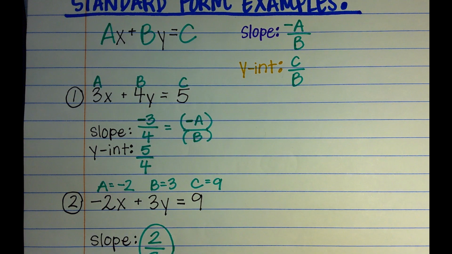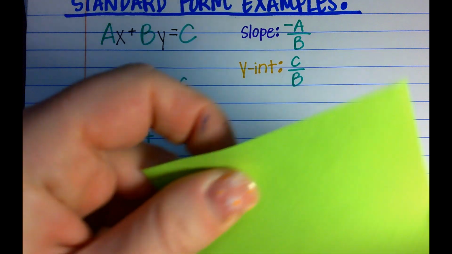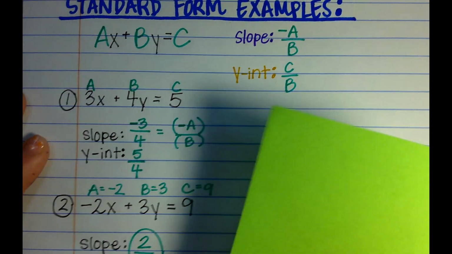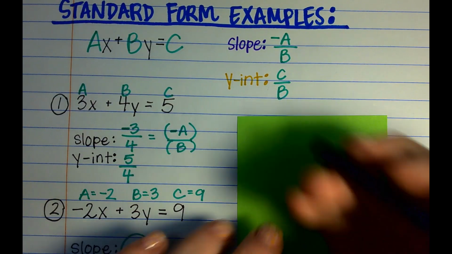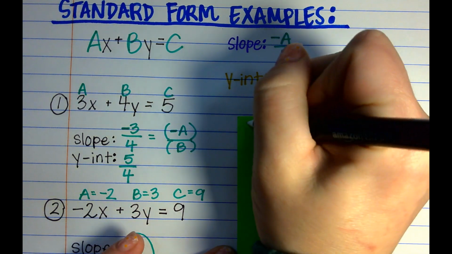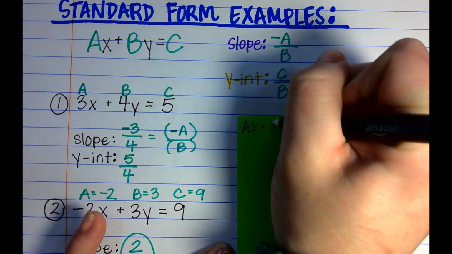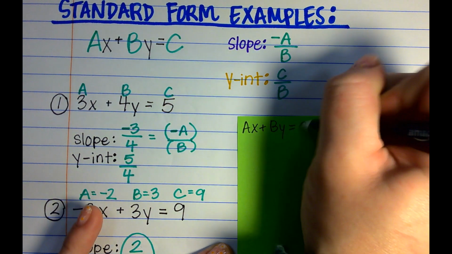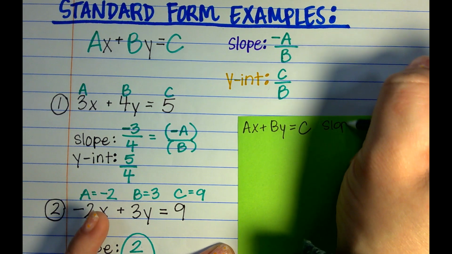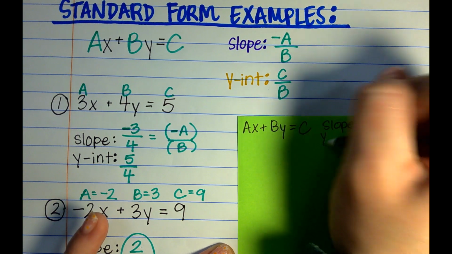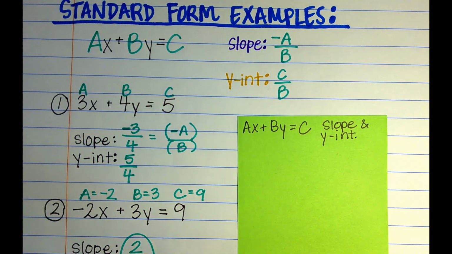So in case anybody didn't know, I do have sticky notes for all of you at your tables. They should be in those rectangle bins. If there's any pages that you ever want to bookmark, let me show you. You can take a sticky note, and I actually love to label certain pages. So I might say, Ax plus By equals C, slope and y-intercept.